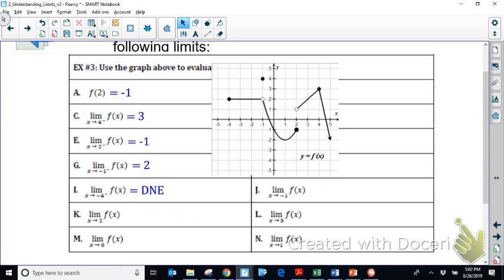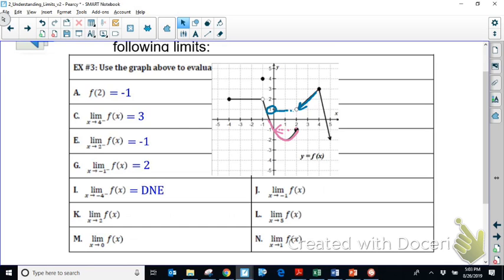And K was probably the most confusing one for some students in class, particularly if you looked at the right-hand column first. Here, we're saying the limit of function f as x approaches 2. If I approach a positive 2 from the left-hand side, I come here and get a negative 1. But if I approach 2 from the right-hand side, I'm coming down here and I approach a positive 1.